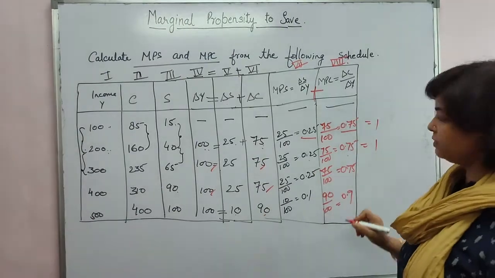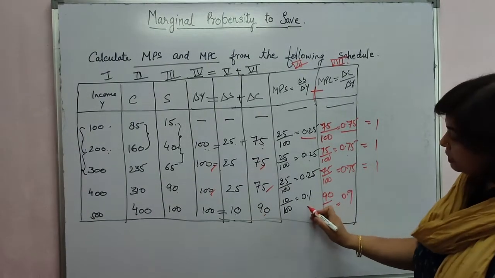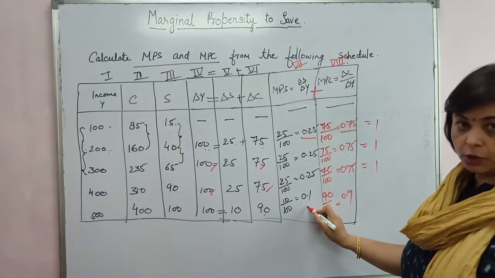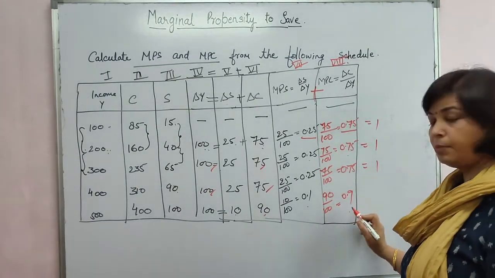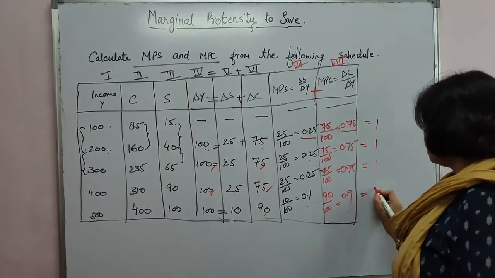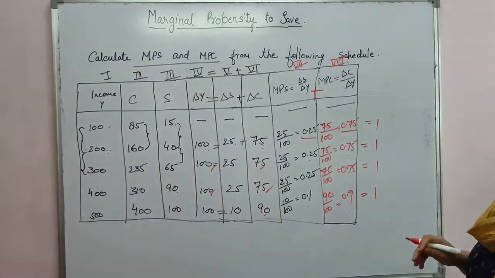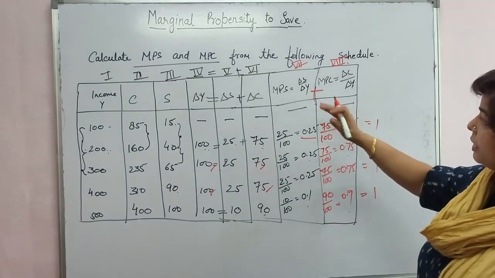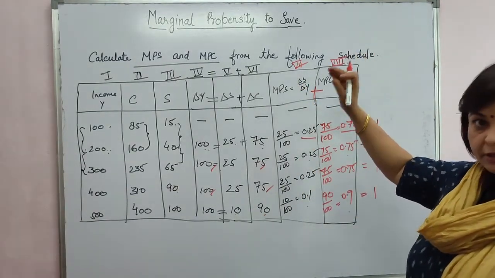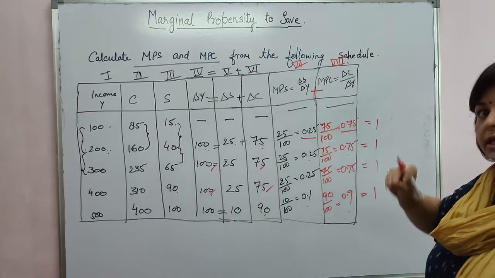Here also the values are same, it is equal to 1. In the last row, MPS is 0.1 and MPC is 0.9. So 0.1 plus 0.9 is equal to 1. So it is proved that when we add the values of MPS and MPC, we get the answer 1.